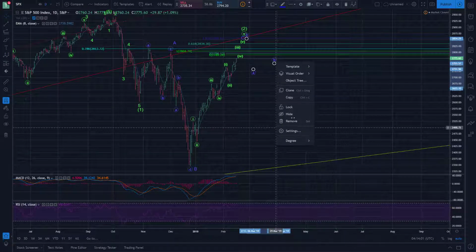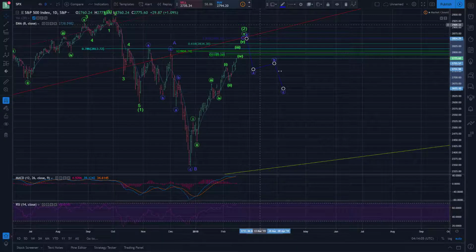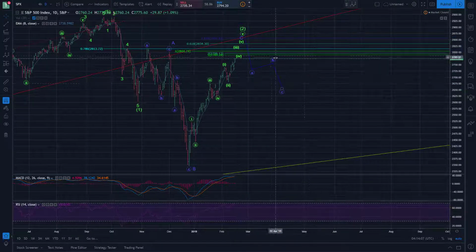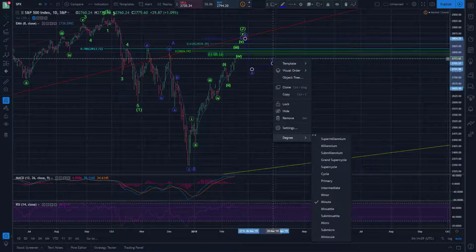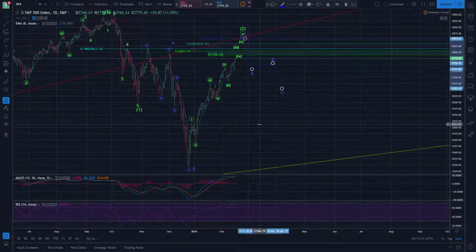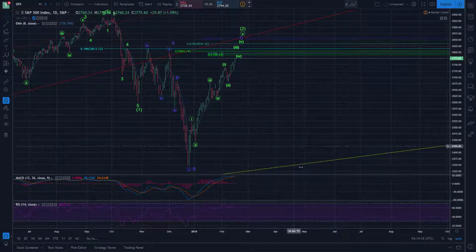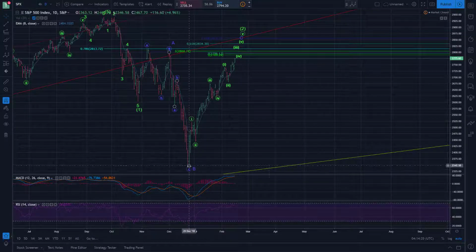That would be like the most minimal of pullbacks in my opinion, even in the most bullish overall scenario. That would seem to be warranted, right? And obviously in the more bearish scenario, as this is illustrating with the expanded flat wave 2, we'd be coming down hard to make new lows below the December lows.